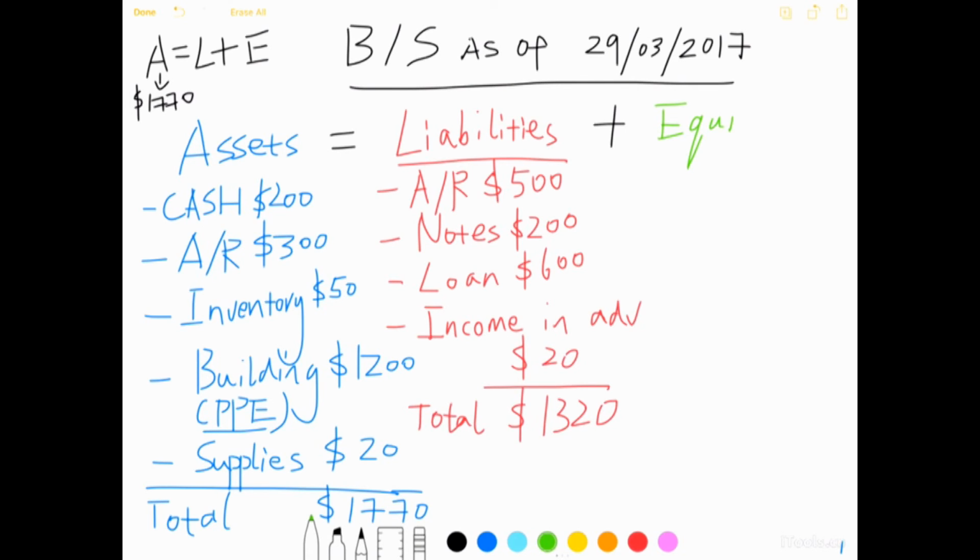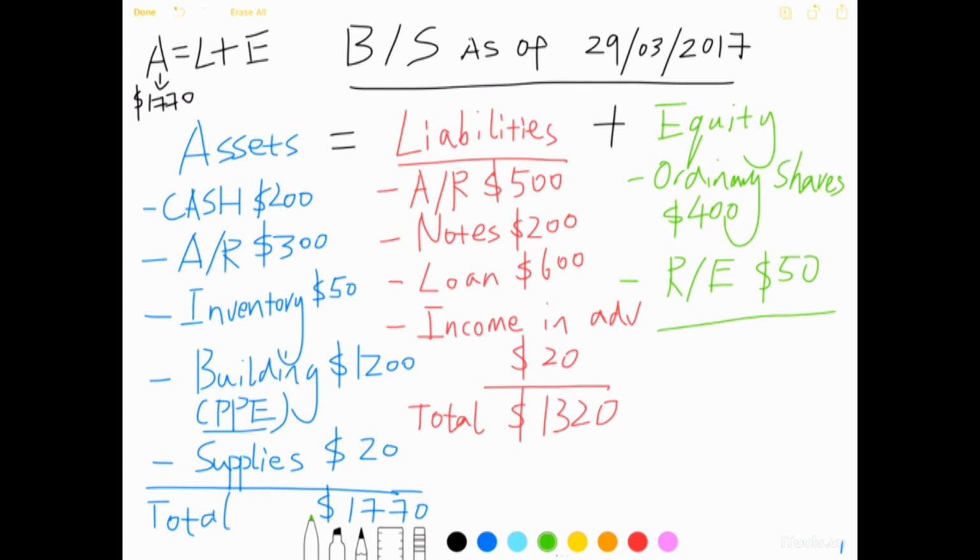And the next thing is your equity. Let's say that we have issued ordinary shares worth $400, and let's say that our retained earnings is $50. So total equity is $450.